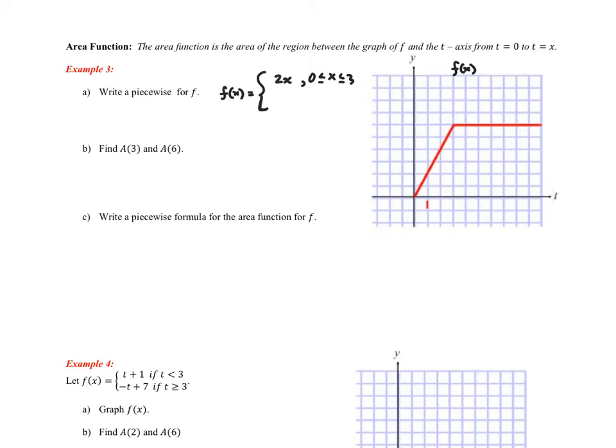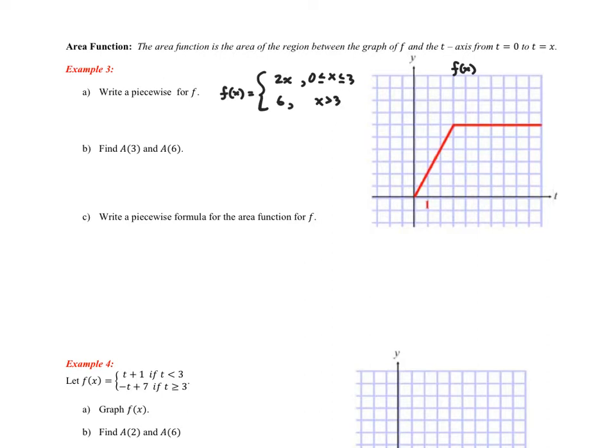From there, it looks like the output for f of x is always 6 when x is greater than 3. One thing to note, we've talked about this before, we can't have both portions of the function share one of these boundary points. So I could have left it open here at 3 on 2x and closed it on 6, or the other way around as I did.